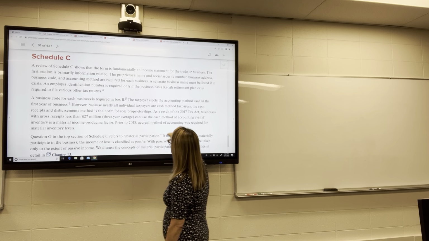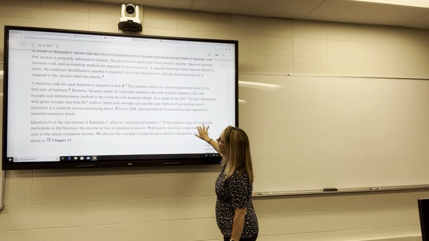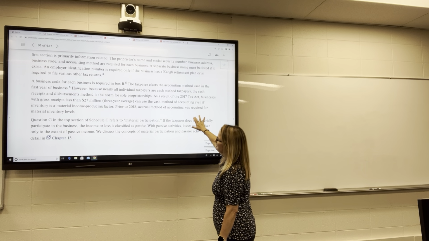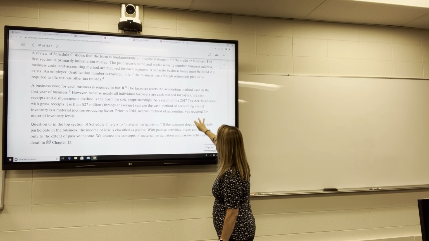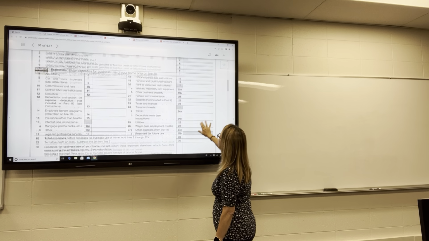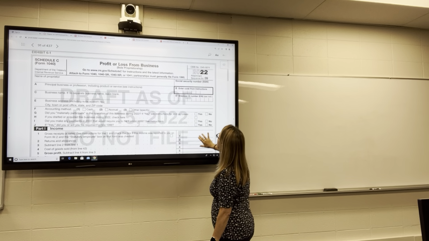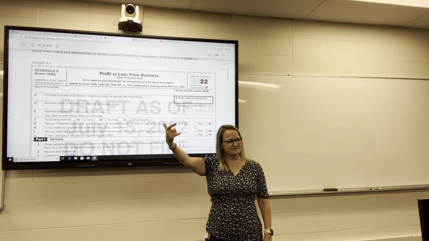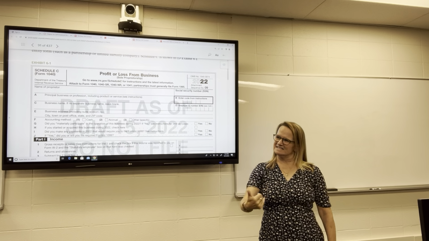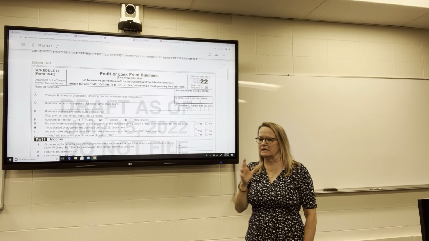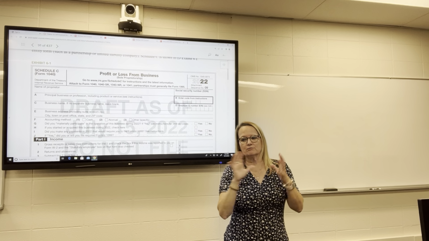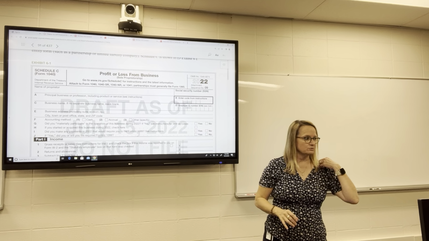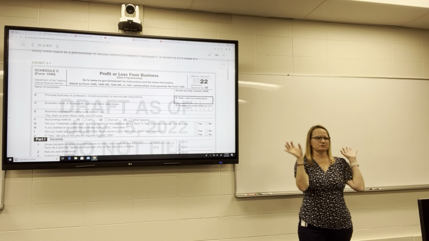So it's fundamentally an income statement. I already mentioned that. Oh, I didn't mention the business codes. So there is this part B here. Each type of business has a code. I think it's an NAICS code, something like that. The federal government lists these different codes, and there are hundreds of them.